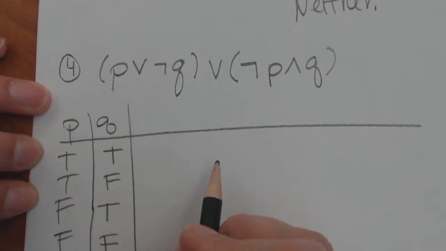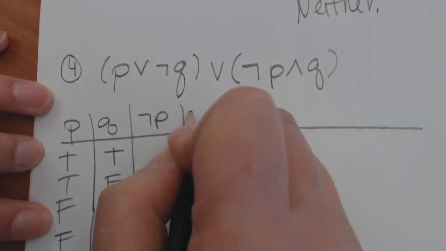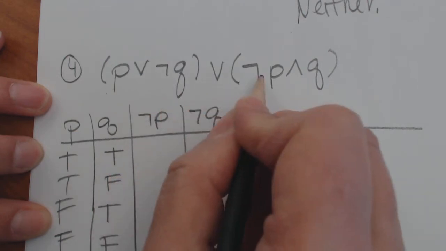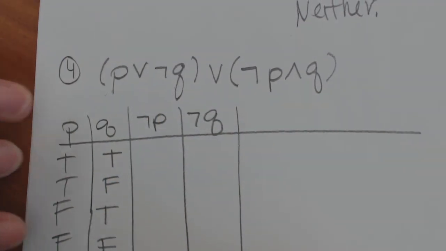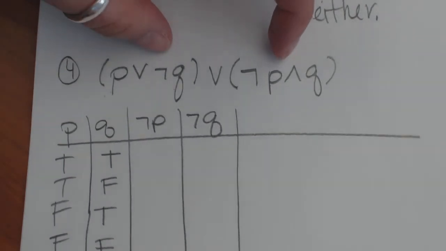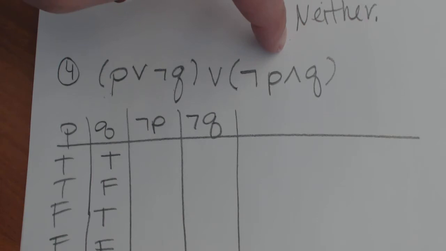Now it says to set up your negations. We do have a negation of P. We do have a negation of Q. We do have both. Step 3 says insert your parentheses. So I have 2 sets here. We always start with the left one and work to the right, just like we read an English sentence.